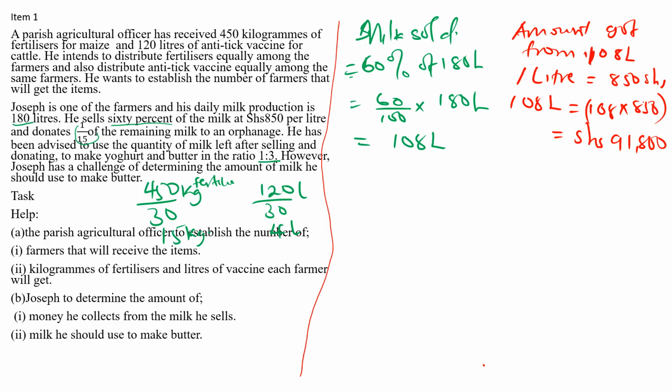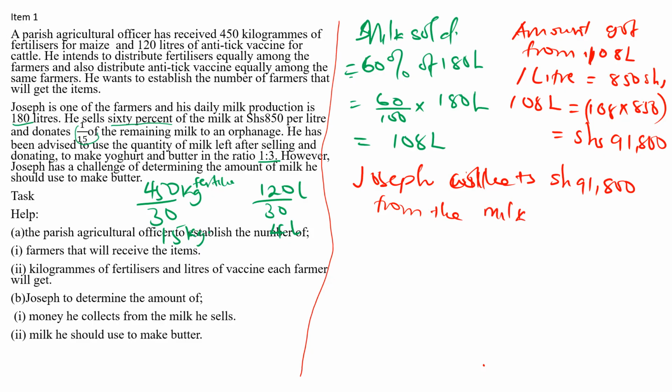So after finishing that, you come and give a conclusion. So we shall come and we say Joseph collects 91,800 shillings from the milk he sells.